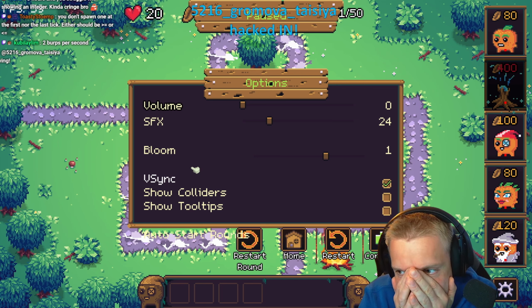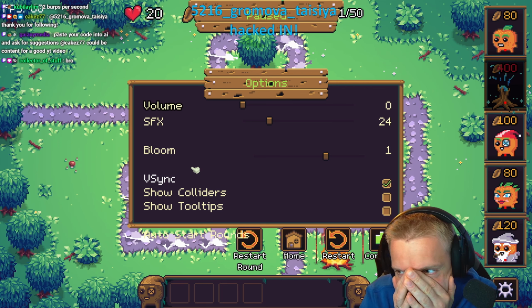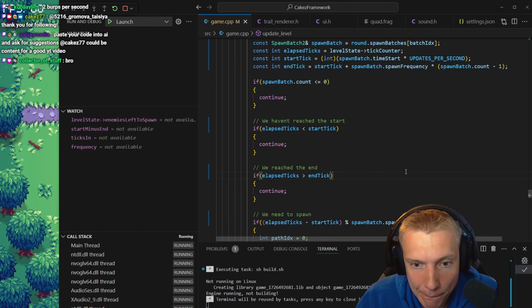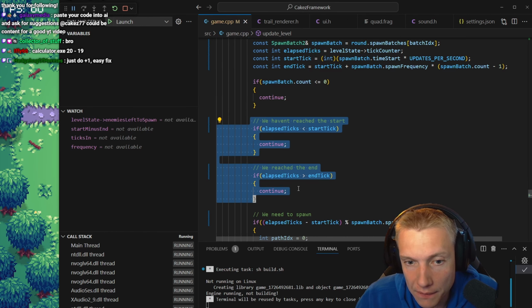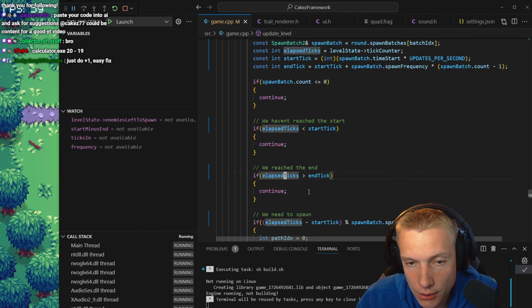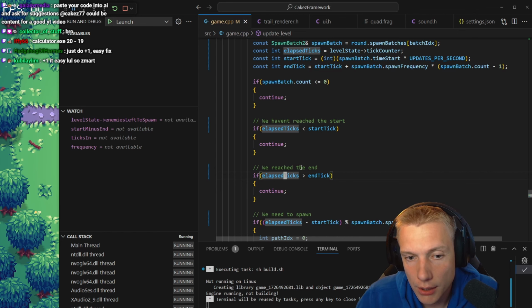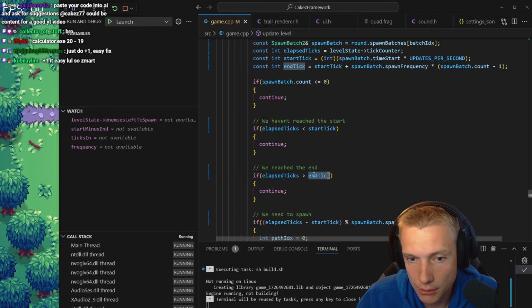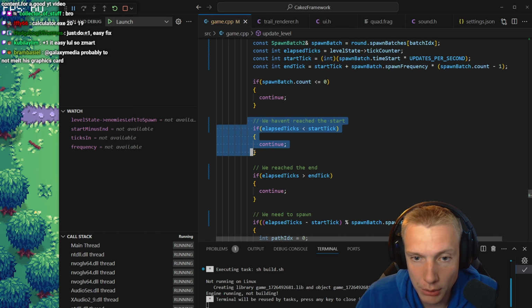You don't spawn one at the first tick, nor the last tick. Either one should be equals. No. I'm continuing if I have reached the end, aka I'm not at the end tick, greater than the end tick, or I'm continuing if I'm below the start tick.